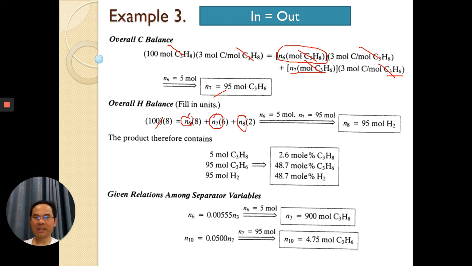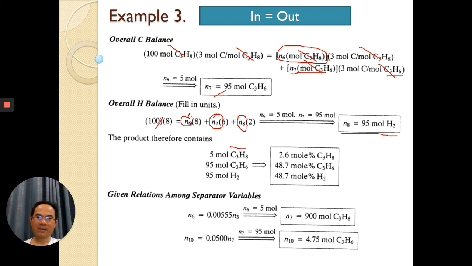You substitute N7 and N6, and you can solve for N8. You get N8 equal to 95 mole hydrogen. For this case, you know N6, N7, N8, so you know the product composition: N6 is 5 mole propane, N7 is 95 mole propylene, and N8 is 95 mole hydrogen.